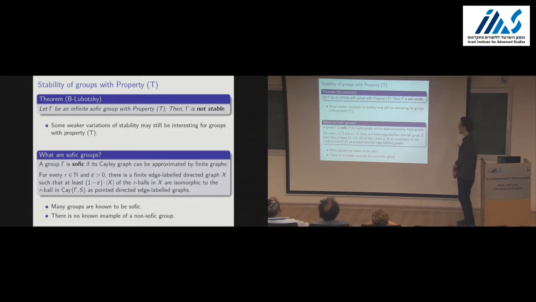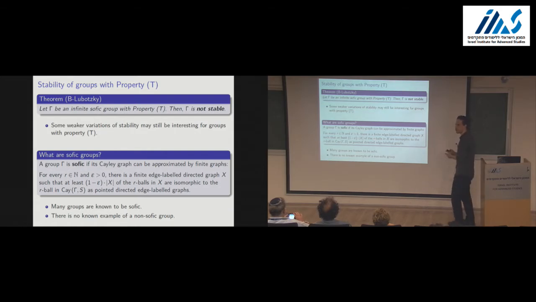If you want something more accurate, it means that for any radius r and epsilon, there is a finite edge-labeled directed graph X, so a finite graph with direction and the same labeling as in the Cayley graph, the same labels on edges, such that almost all balls of radius r in these finite graphs are isomorphic as balls to the one in the Cayley graph.